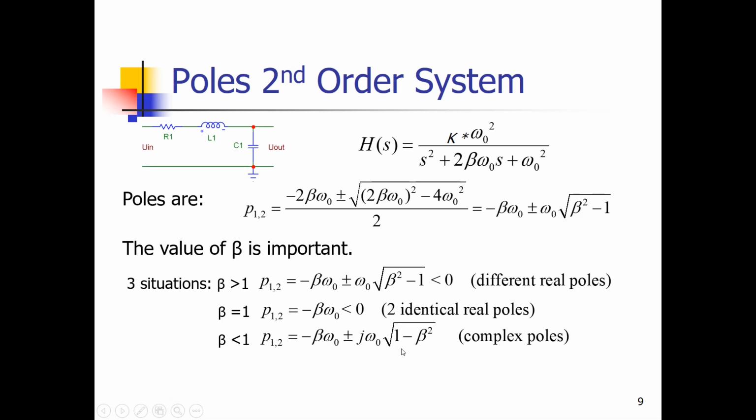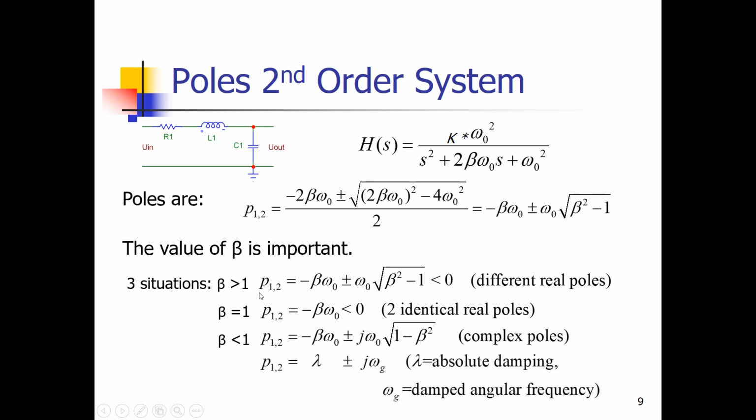So two conjugated poles. So the value of beta, the value of my relative damping constant, is really important. This is what we call the real part of the pole, which has been defined as lambda, and this has been called the imaginary part, or the damped angular frequency of my pole. So this is my imaginary part of the pole.